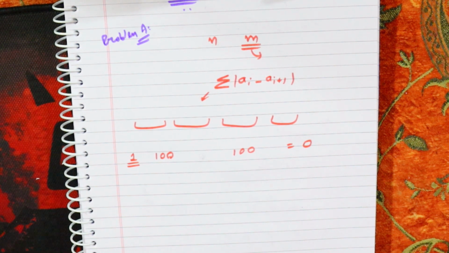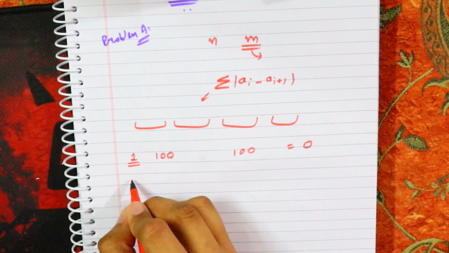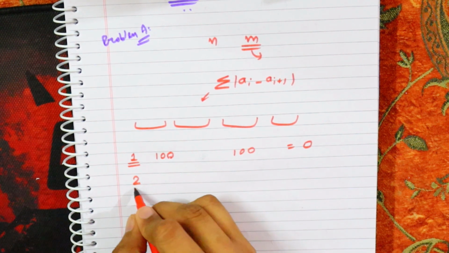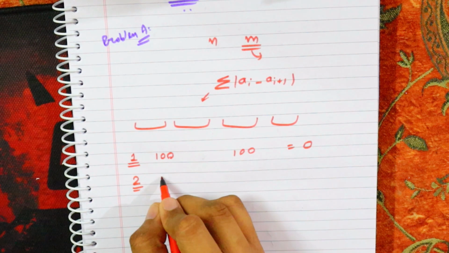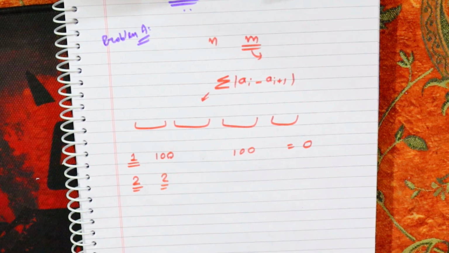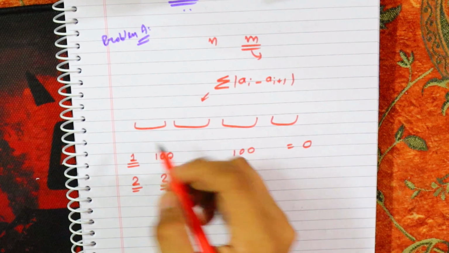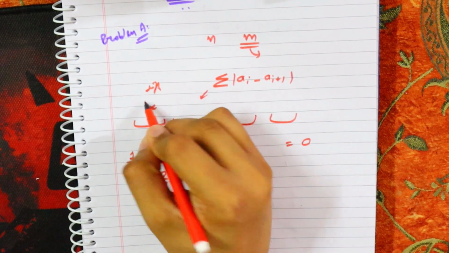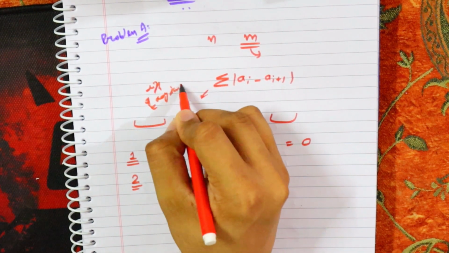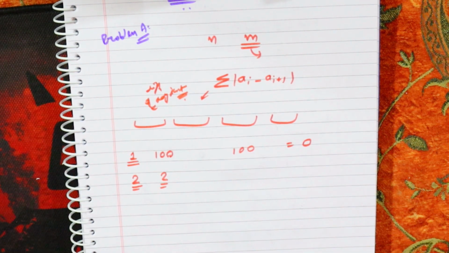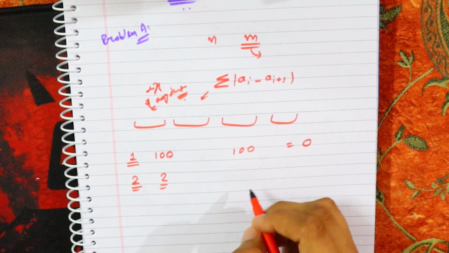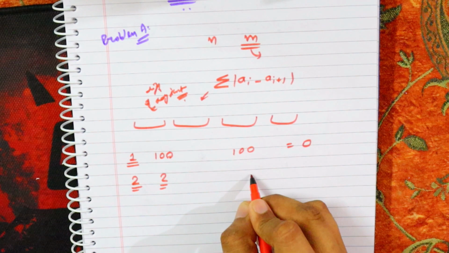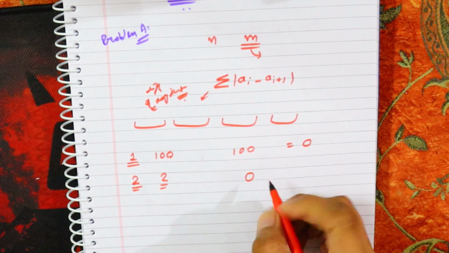But if we take the next case, which is two elements and the sum should be 2, we need the maximum sum of differences of adjacent elements. How can it be obtained? We will place 0 and 2.